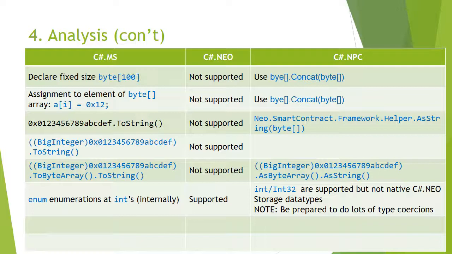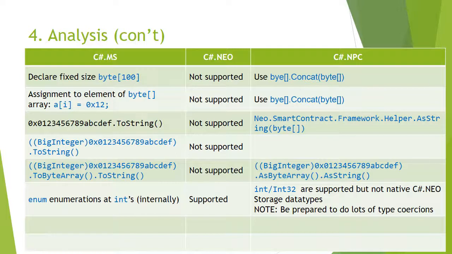Similarly, if you're trying to manipulate the contents of an array, for example, assign to different elements of an array, either individually or in a loop, that's not supported as well. So concat generally is the solution there. In terms of different conversions to string, this is often in a scenario where you're trying to log messages back to the Neo event log. There's a couple of recommendations here that you can try.